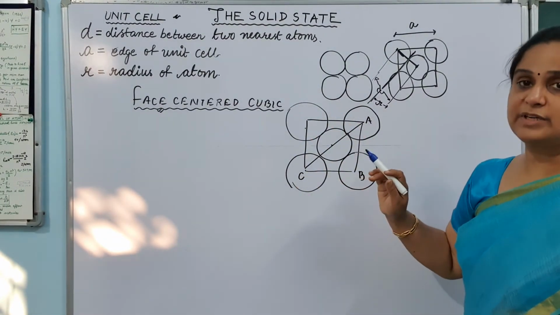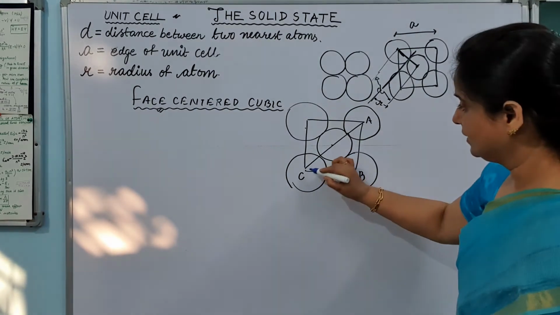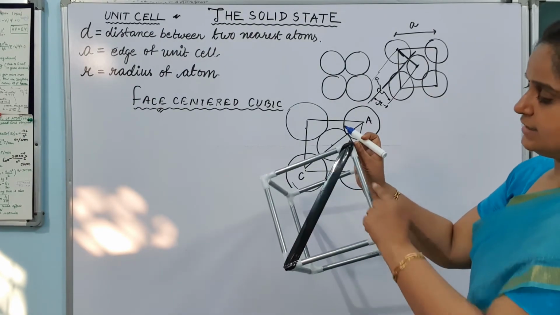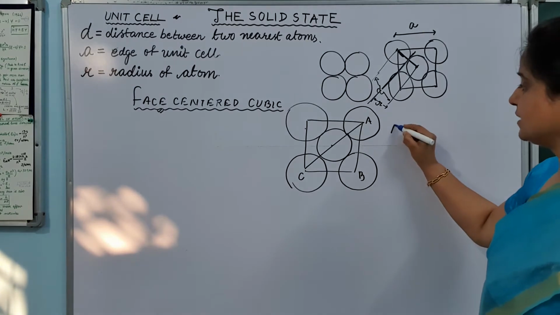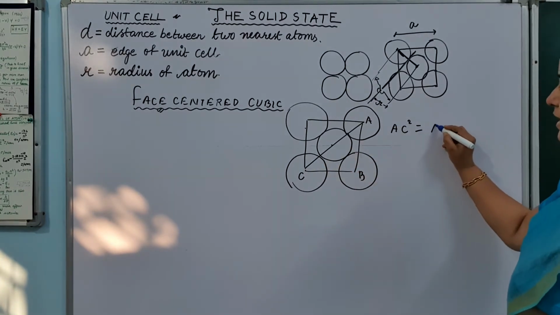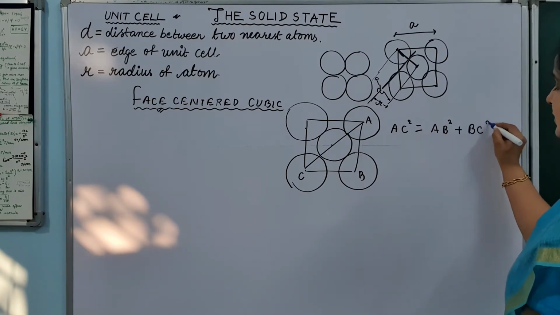Now let us find out the relationship. Let's calculate the relationship in the triangle A, B and C. You can see there, this is a right angle triangle. So in this triangle, AC square equals AB square plus BC square.